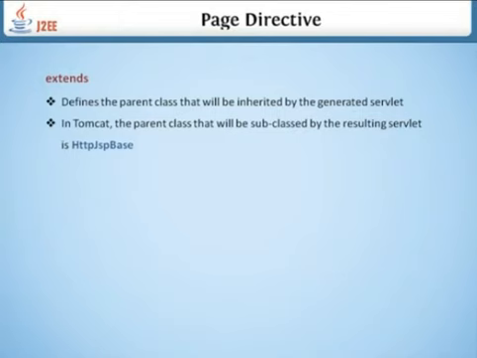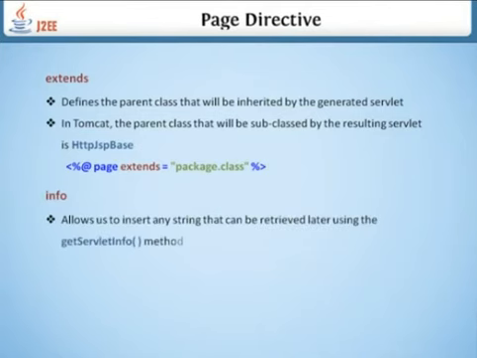Next one, info. It allows us to insert any string that can be retrieved later using the getServletInfo method. Example: page info equal to created by, and you can mention the company name.